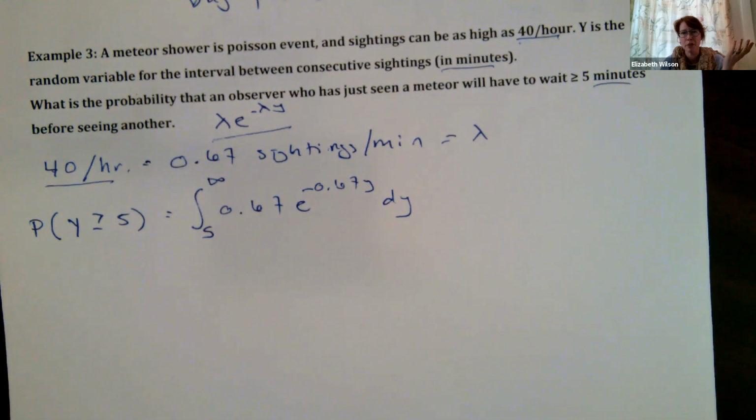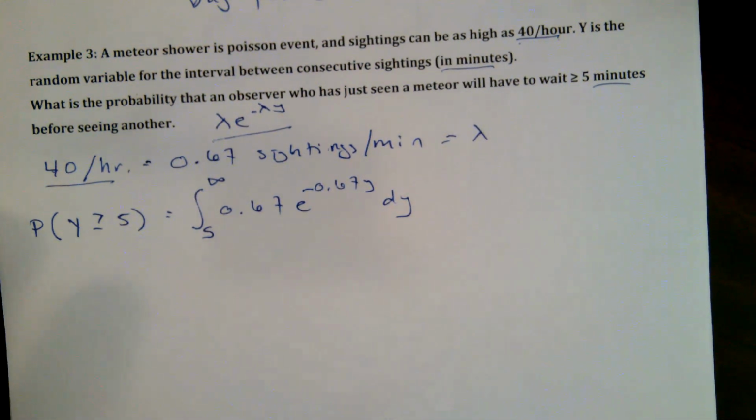But our book tends to keep x for discrete and y for continuous, though don't always hold that to be true. When we have a double integral, we're integrating across x and y, so we have both x and y in a continuous setting. In this case, we've just specified y as our random variable, but we could have just as easily chosen a different letter.